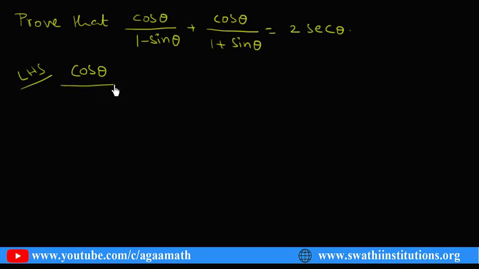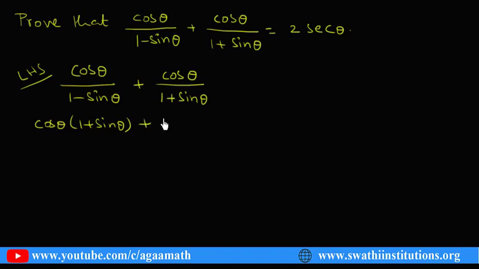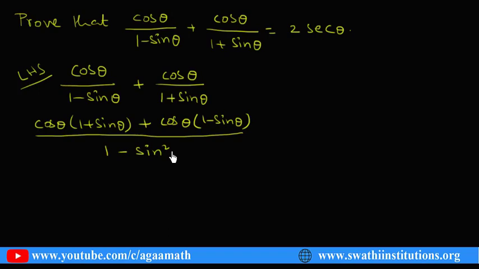If you simplify this, what we get is cos theta of (1 plus sin theta) plus cos theta of (1 minus sin theta), by a minus b times a plus b, that is 1 minus sin square theta.